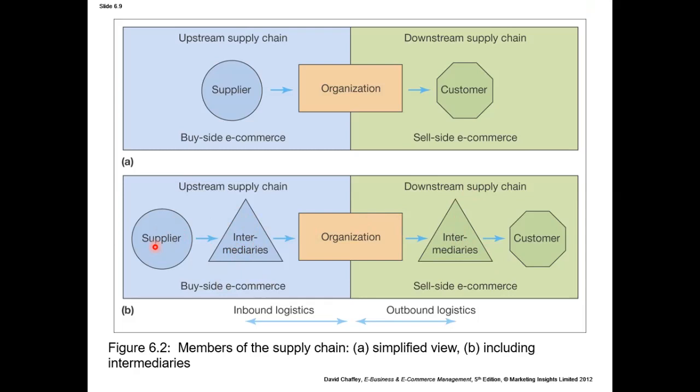So, for example, in order to manufacture a shoe at Nike, there might be one supplier who's supplying the upper part of the shoe. There might be another supplier who's supplying the sole of the shoe. So the one who's supplying the sole of the shoe, once again, may have another set of suppliers.